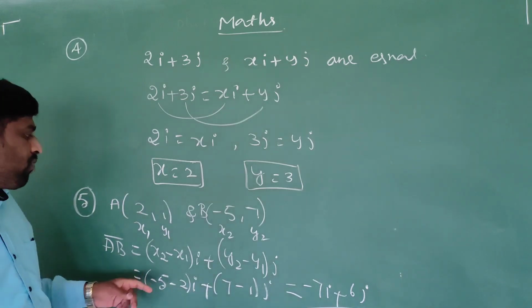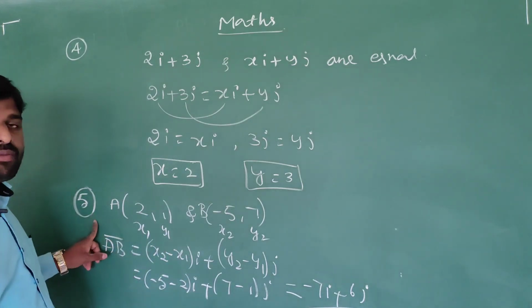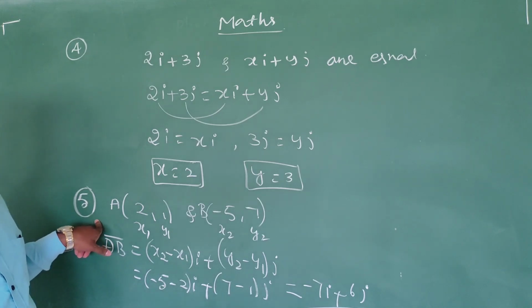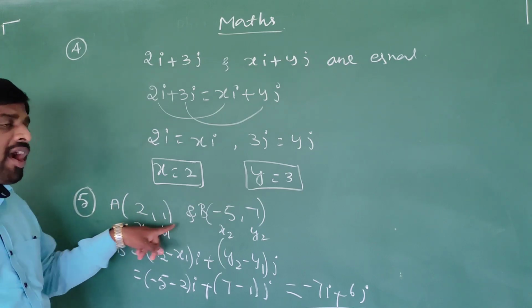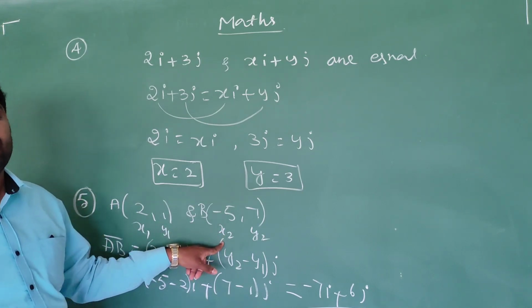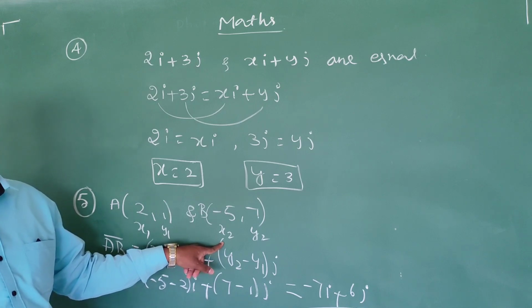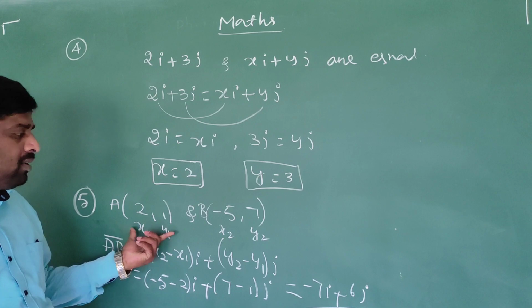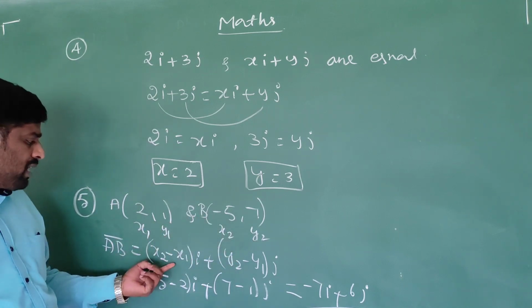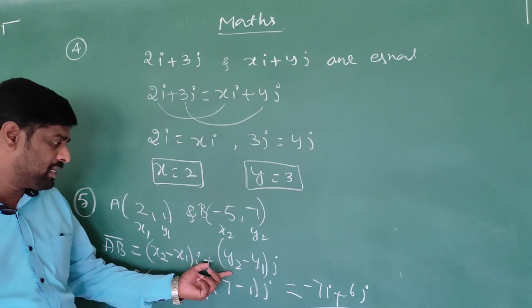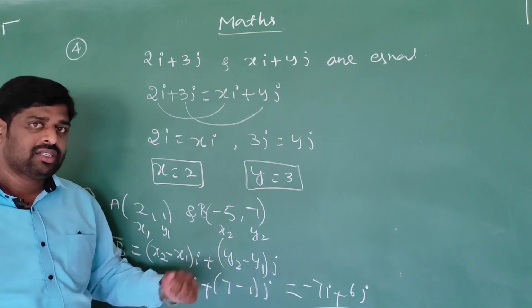I think all of you are clear. Observe question number 5. We are following the NCERT textbook, and all of you follow the NCERT textbook. Here 2 points are given, and we have to find the vector joining them. So AB is equal to (x2 minus x1) i cap plus (y2 minus y1) j cap.